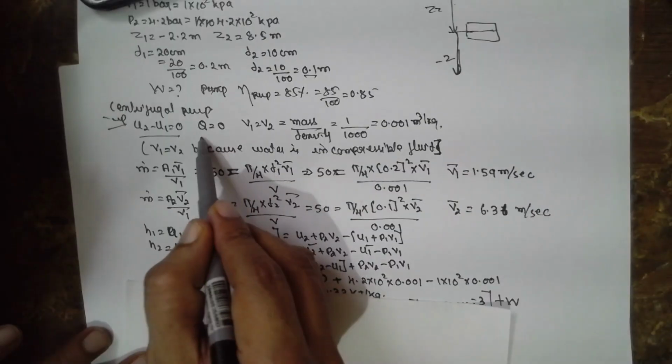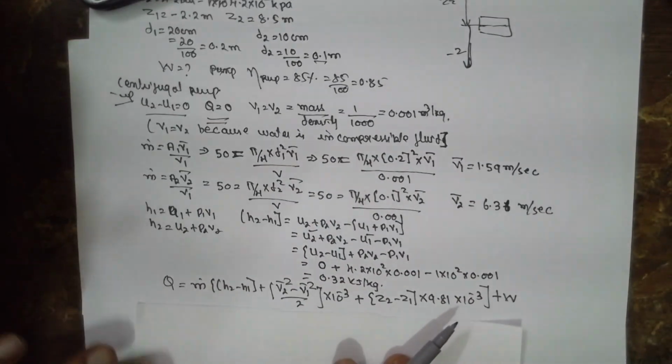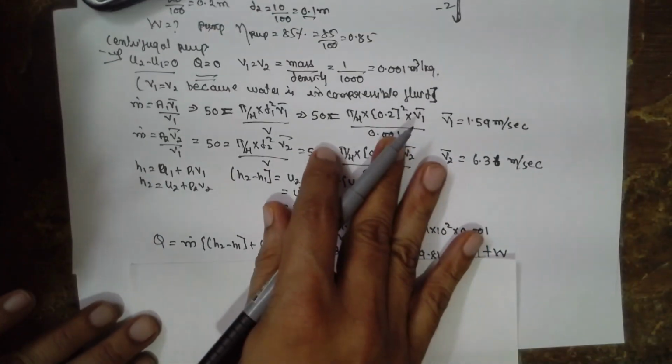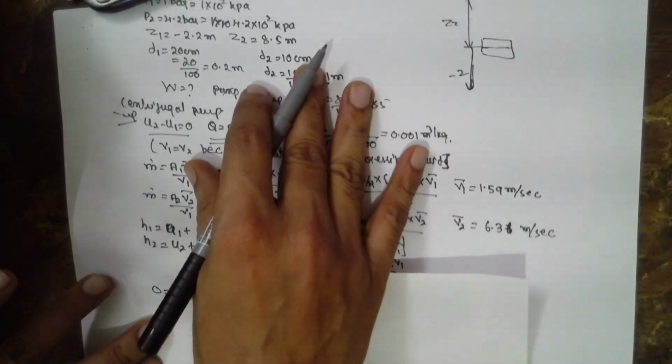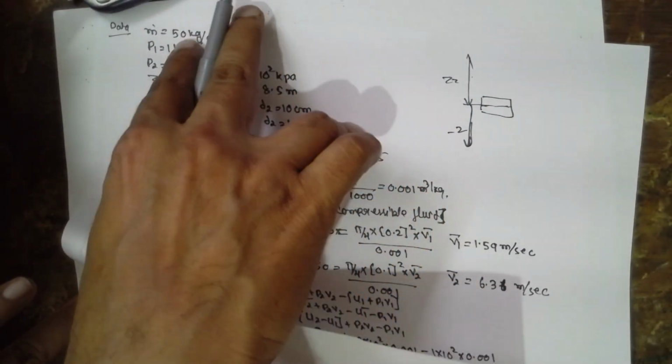Here the Q will be 0 with respect to the condition. 0 is equal to m dot. M dot value is 50.